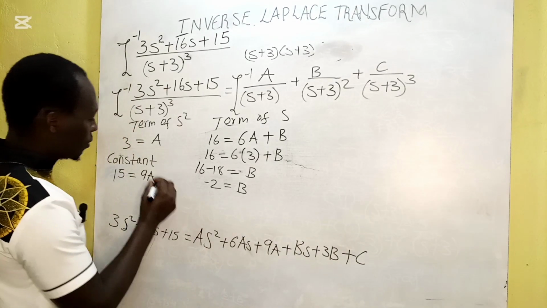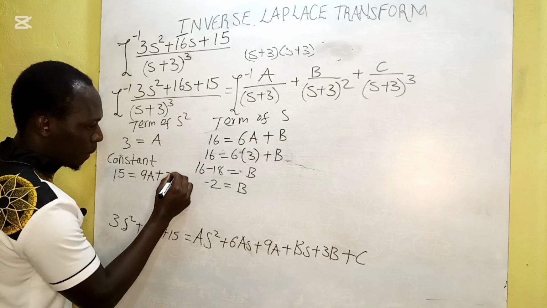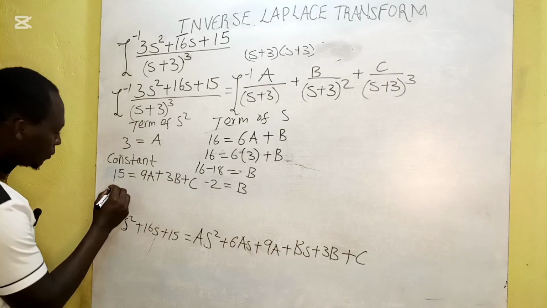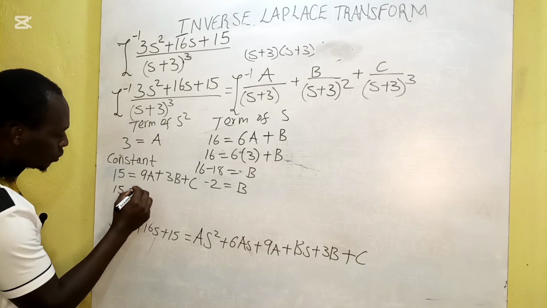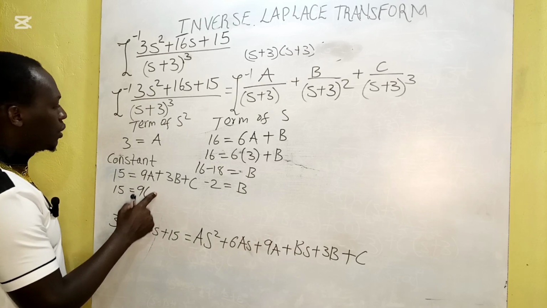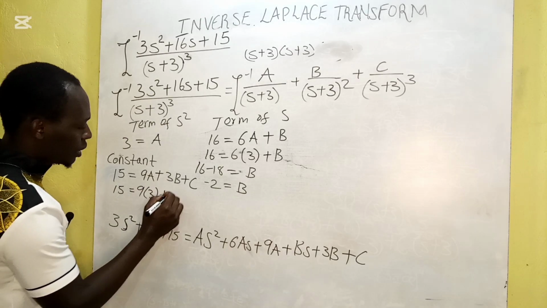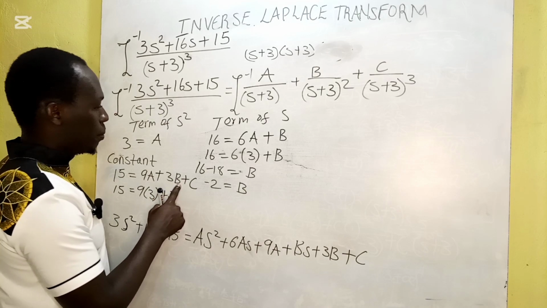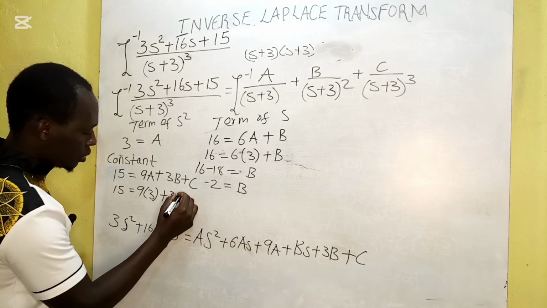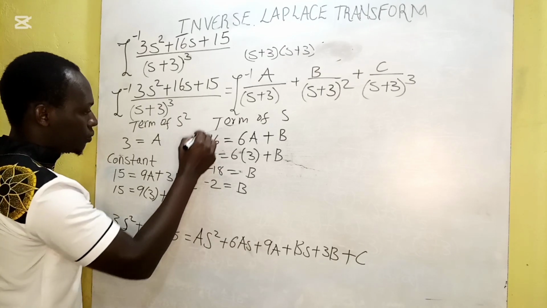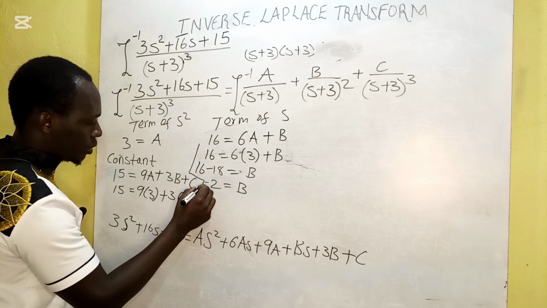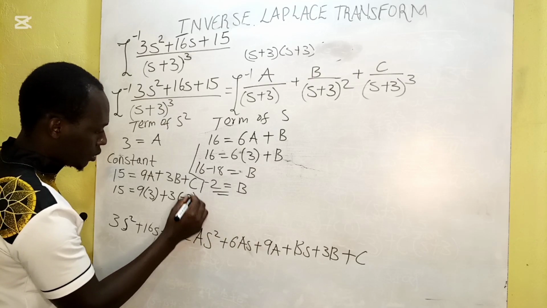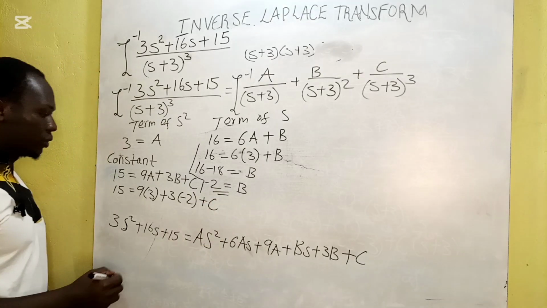Here we are going to have, we add to 3b, we add to c. 15 is going to be equals to 9 into, our value of a was equals to 3. We come and add to 3. Our value of b was equals to negative. Here b was equals to negative 2. We come and add to c.